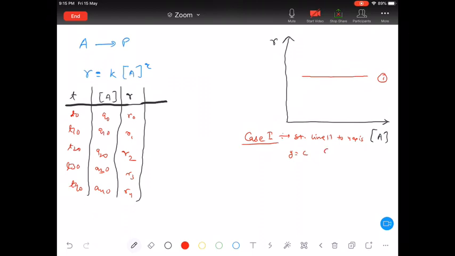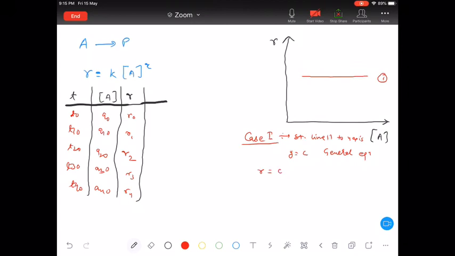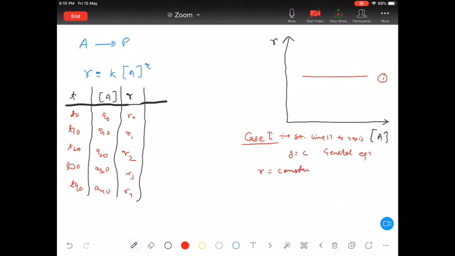This is the general equation of such a straight line. On the y-axis we have taken R, so R will come out to be constant.